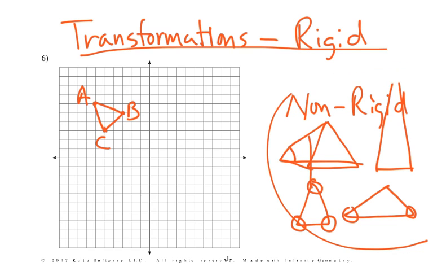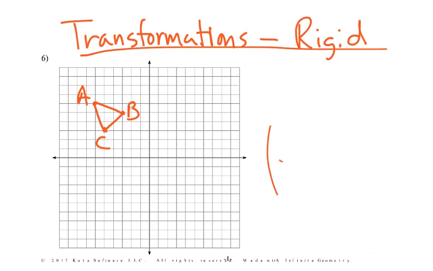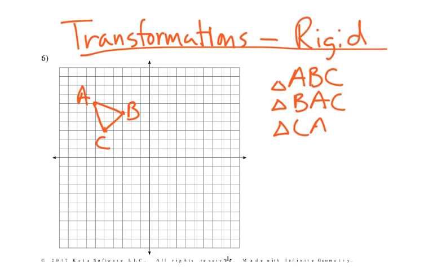Okay, so let's get rid of these guys. So, we also need to understand how to name triangles. So looking at this triangle, I would name it triangle ABC. Okay, I could also name it triangle BAC or triangle CAB, or any number of different versions.